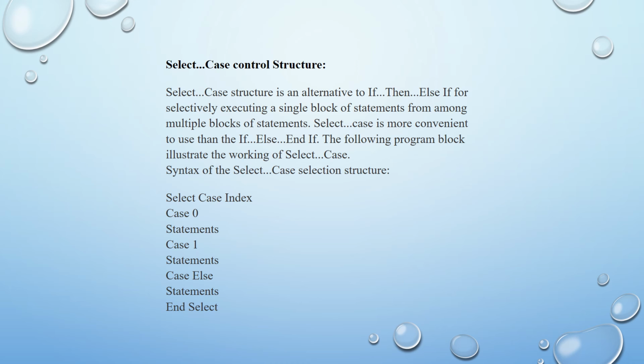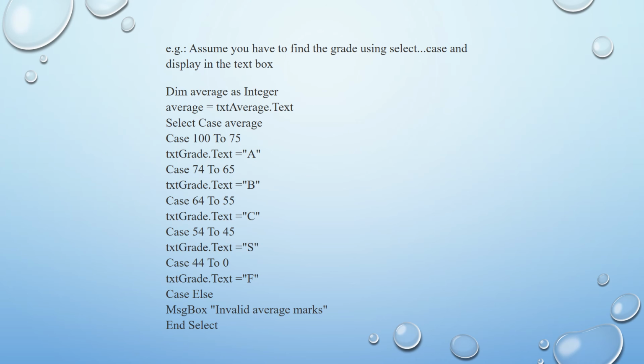Now the syntax of Select Case is: Select Case index, Case 0 statements, Case 1 statements, then Case Else statements, and End Select. Now assume you have to find the grade using Select Case and display it in the text box.